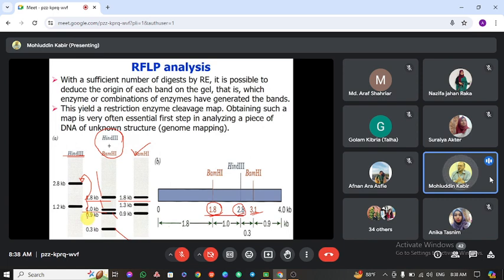The next band is 0.9 kb. Now, when we digested with BamHI, we got 0.9 kb. So, this is the 0.9 kb.